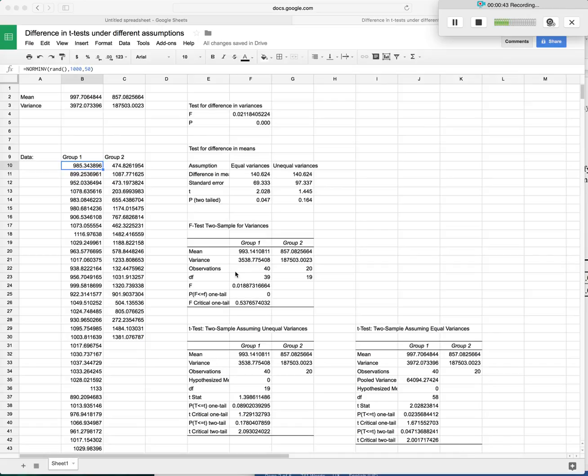So, what I prepared are two samples of different sizes. Group 1 containing 40 observations and group 2 containing 20 observations.